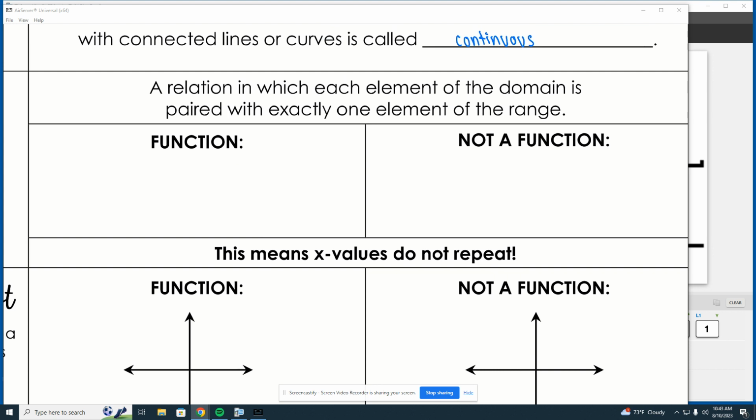There are certain things that will keep some group of ordered pairs from being called a function, and it's described right there. Look, it says a relation in which each element of the domain is paired with exactly one element of the range. I know that sometimes when I read that, it's like blah, blah, blah, right?